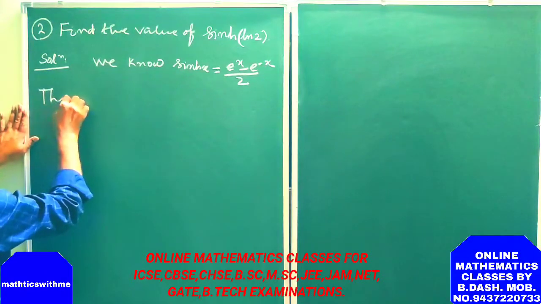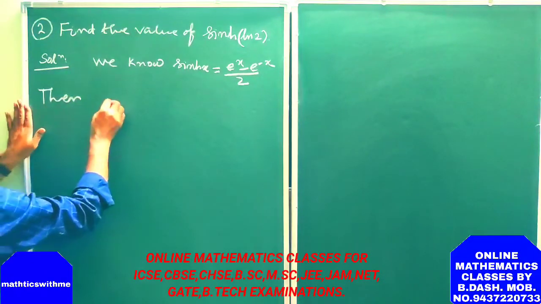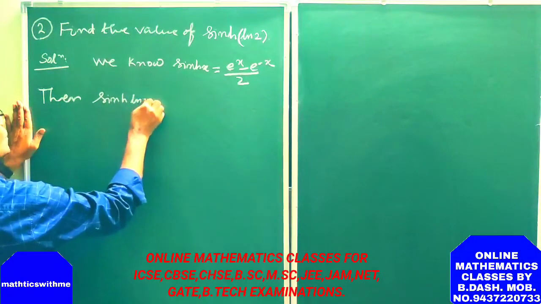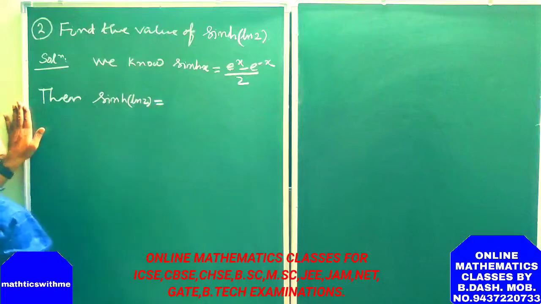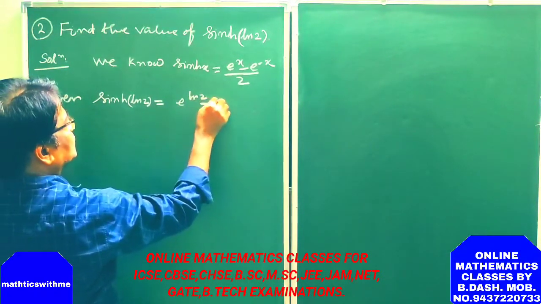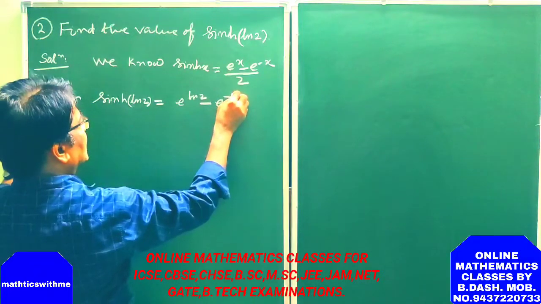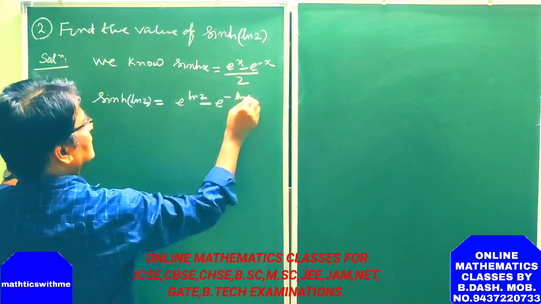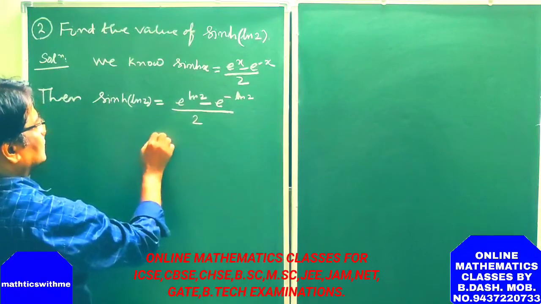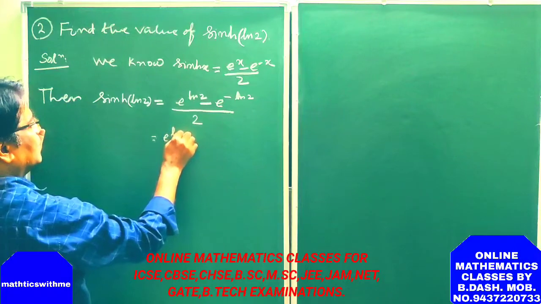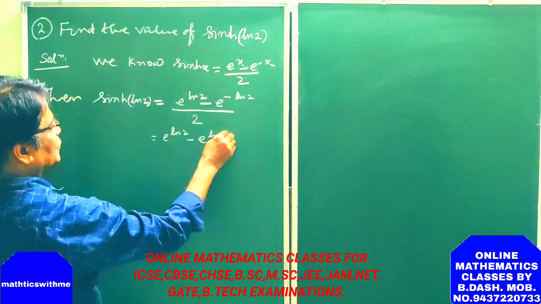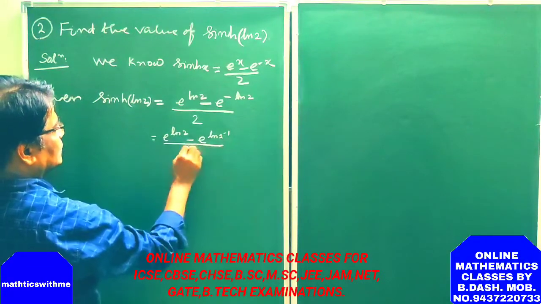Then sinh(ln 2): here x will be replaced by ln 2. (e to the power ln 2 minus e to the power minus ln 2) divided by 2 is equal to (e to the power ln 2 minus (e to the power ln 2) to the power minus 1) by 2.